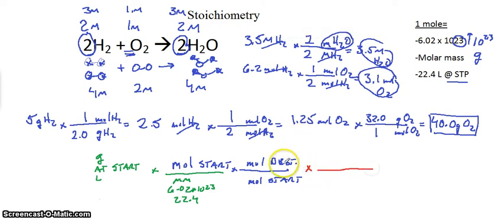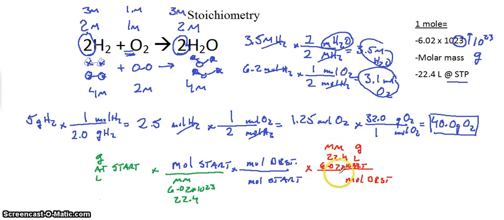If all I want at the end is moles, I'm done here. But let's say they don't want that. I'm going to go from moles of my destination material and turn that into grams, liters, or atoms. Grams would be the molar mass, liters would be 22.4, and the number of atoms would be 6.02 times 10 to the 23rd.